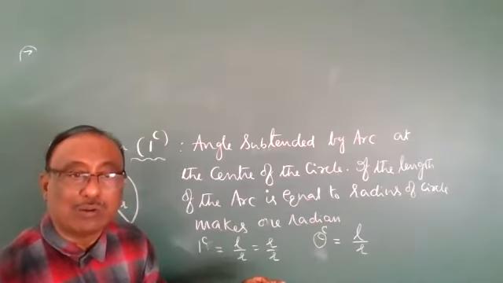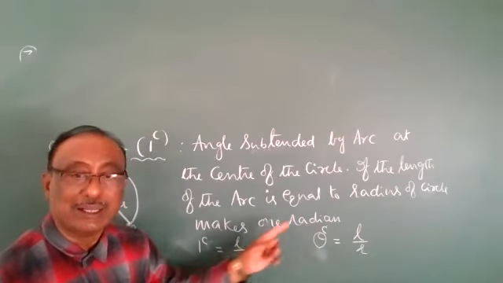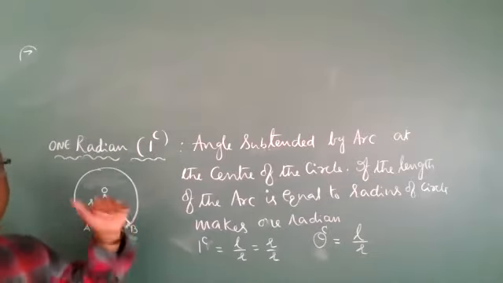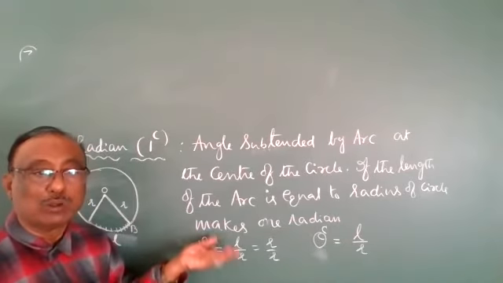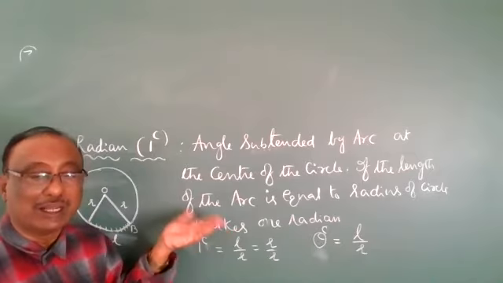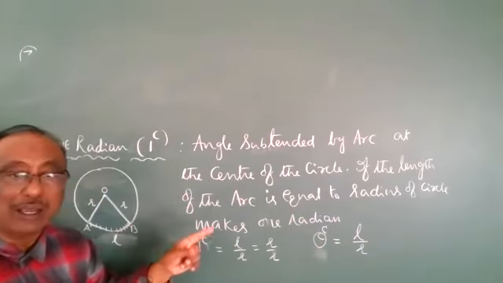If L is not equal to the radius, then it is called theta radians other than 1 radian. It may be 2 radians, 3 radians, 4 radians. Generally, theta radians is equal to L by R.